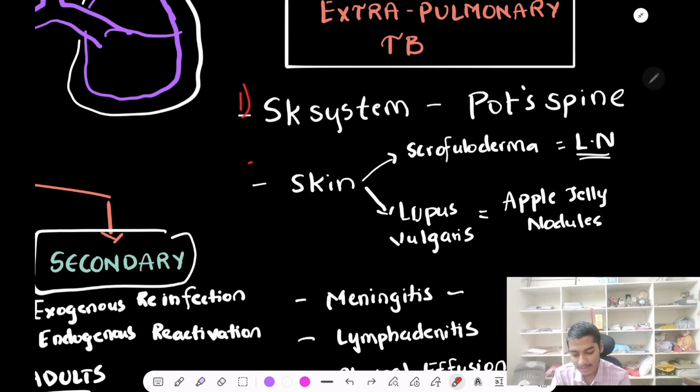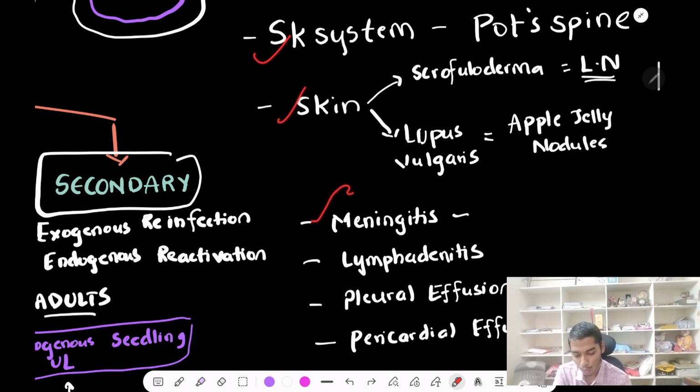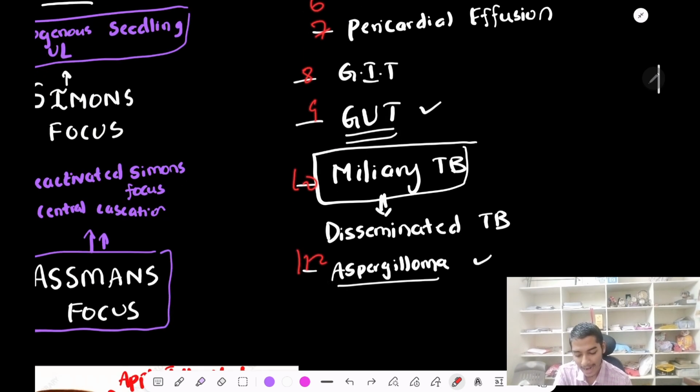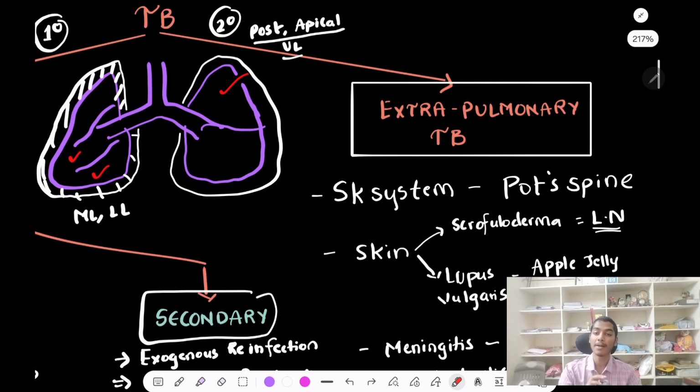We have skeletal system, skin, meningitis, lymphadenitis, pleural effusion, upper respiratory tract infection actually. So we have 1, 2, 3, 4, and here upper respiratory tract infection 5, 6, 7, 8, 9, 10 and 11. So we have these 11 extrapulmonary TBs.